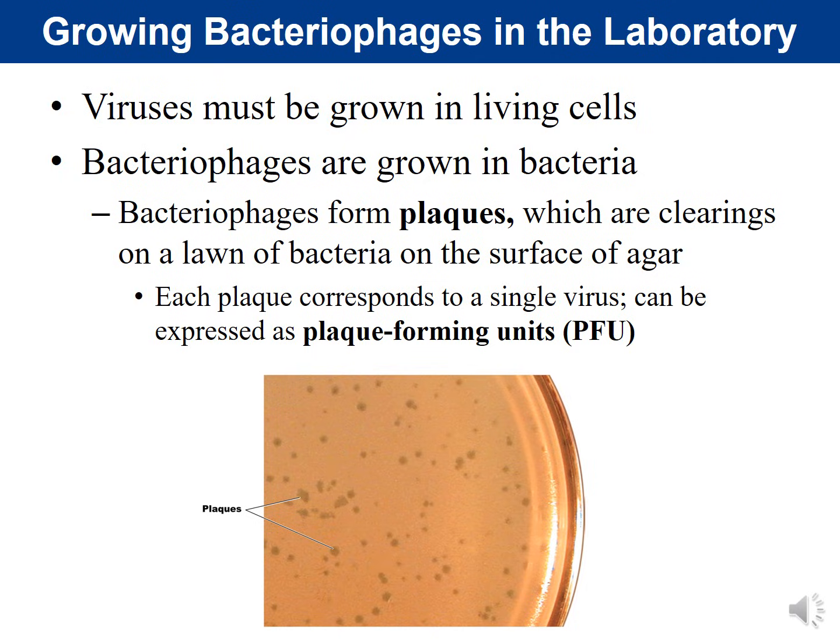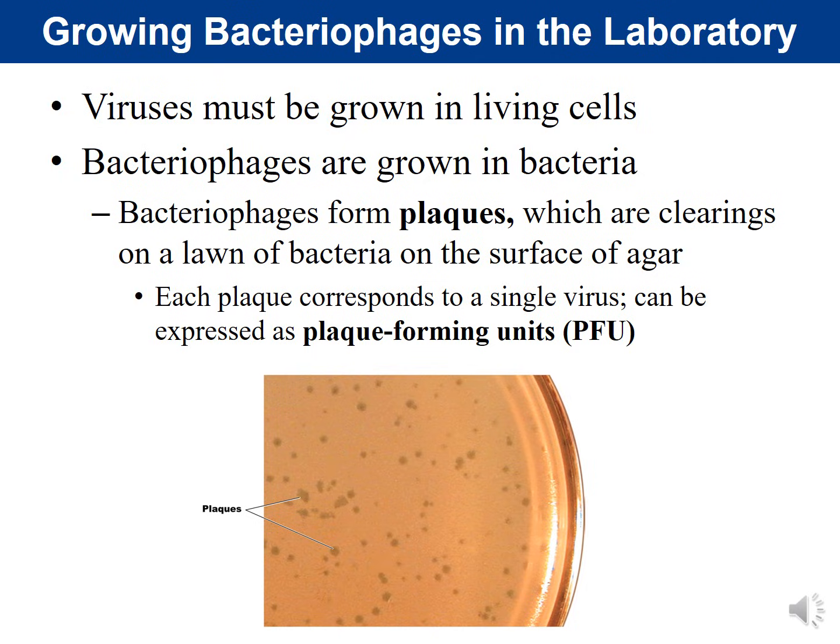That virus turned the host cell into a virus-producing factory, and then the E. coli lysed. Virus went on and infected adjacent cells. Those lysed, infected neighboring cells, and so these clearings are basically places where the E. coli have lysed open. These are referred to as plaques.